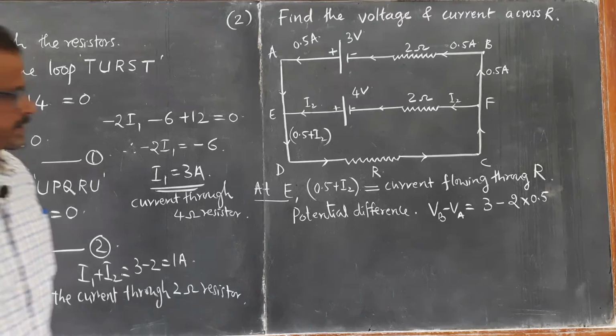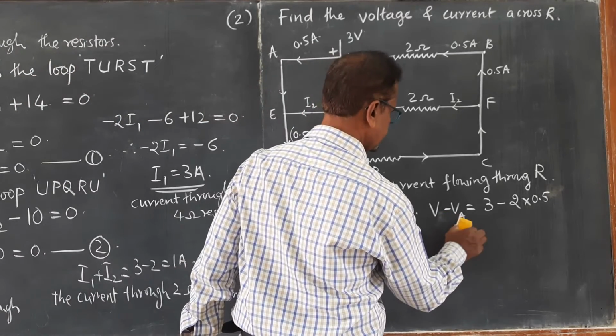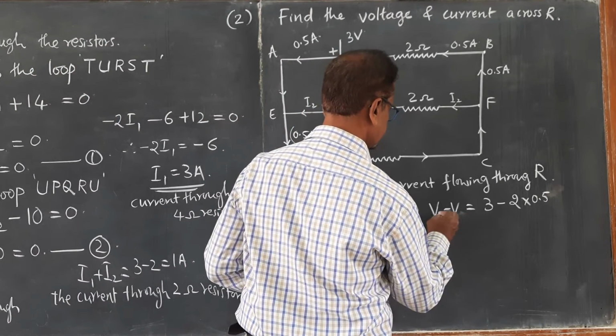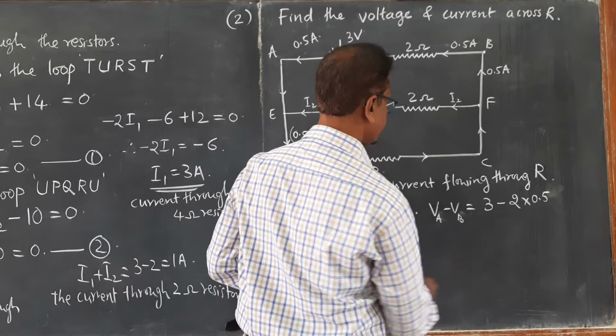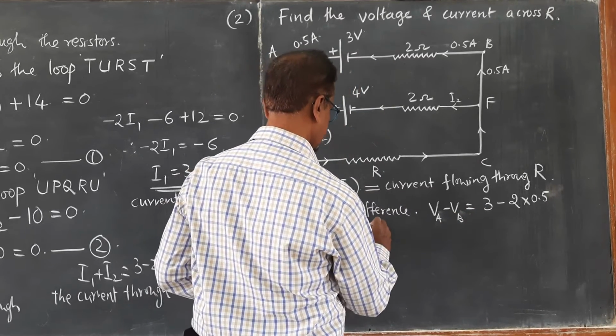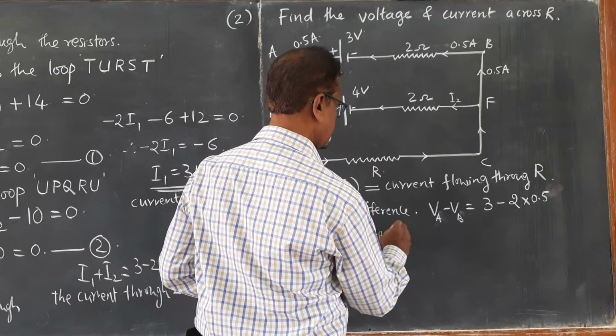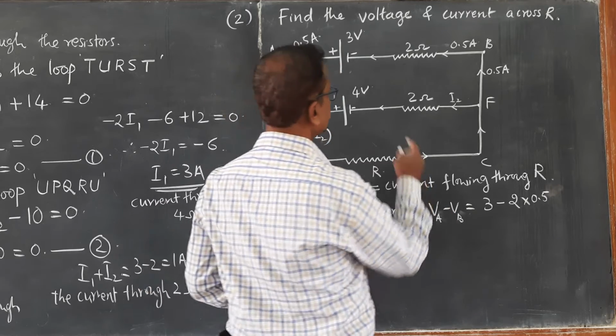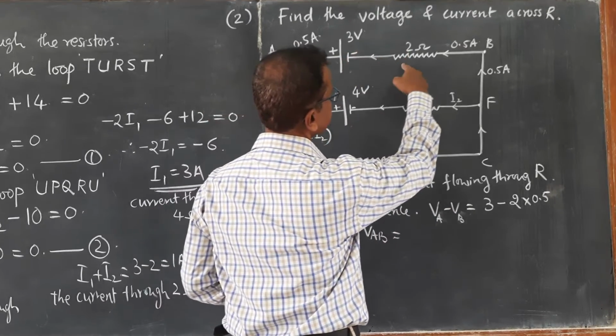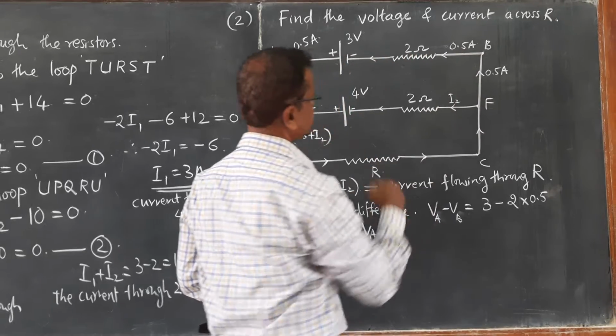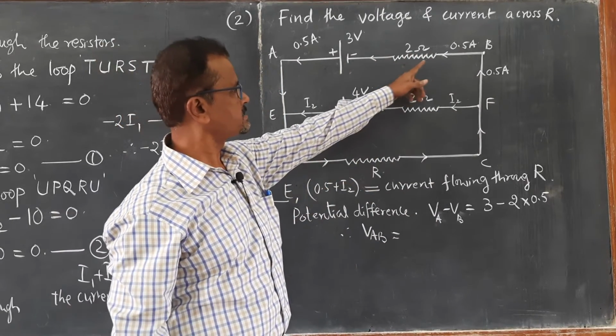Therefore I should take VA minus VB. The potential difference VAB is plus 3 minus 0.5 into 2. I think you understood why it is minus.